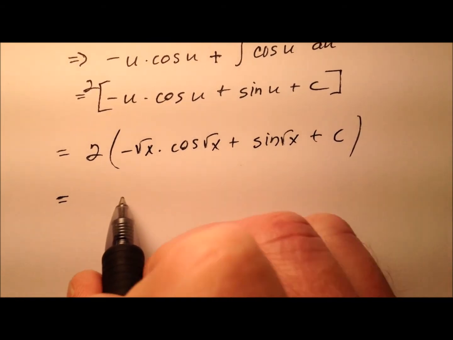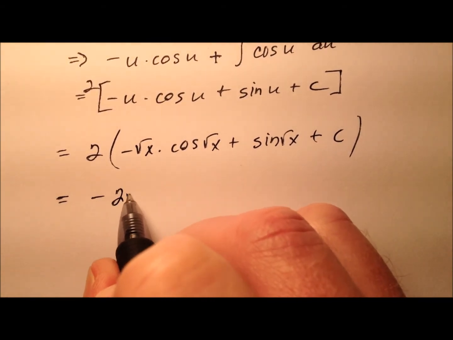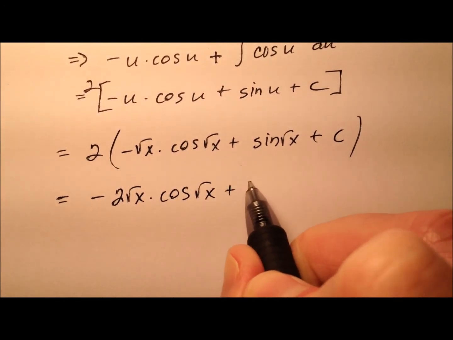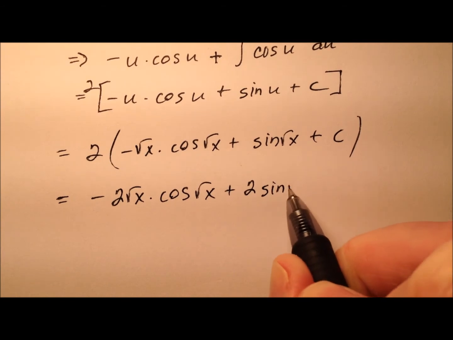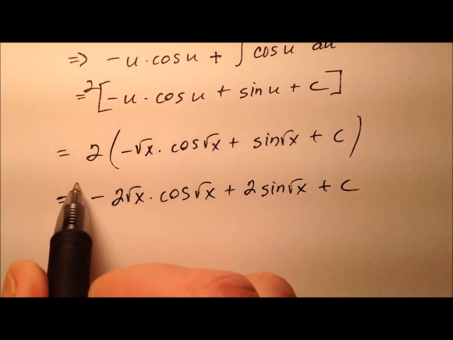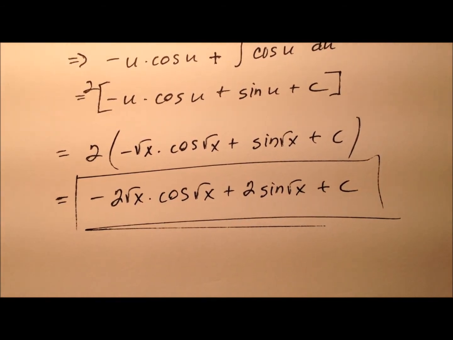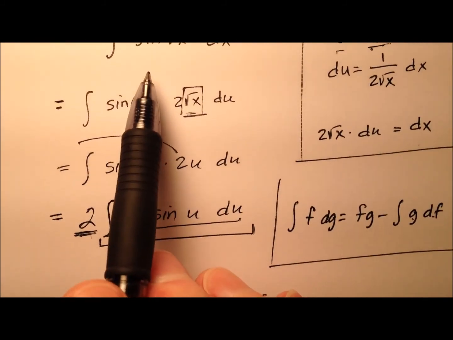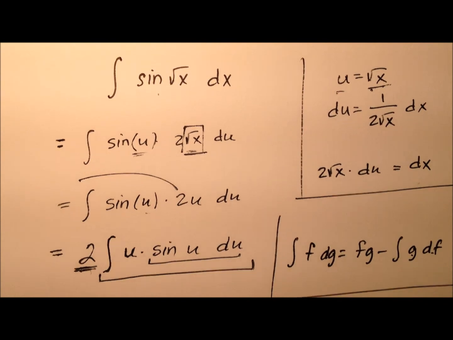So that means when I run this through, it's negative 2 times the square root of x times the cosine of the square root of x plus 2 times the sine of the square root of x plus c. So here's what you get when you integrate the sine of the square root of x.